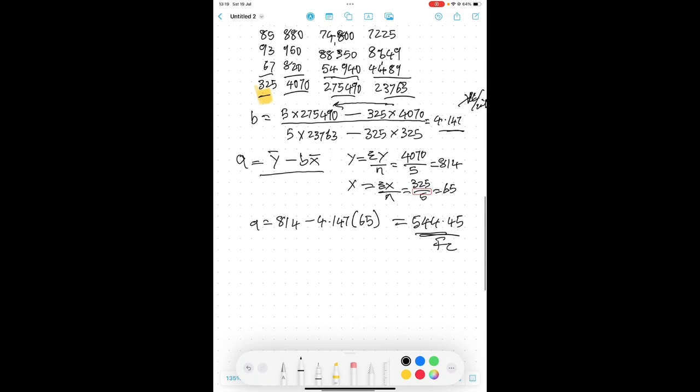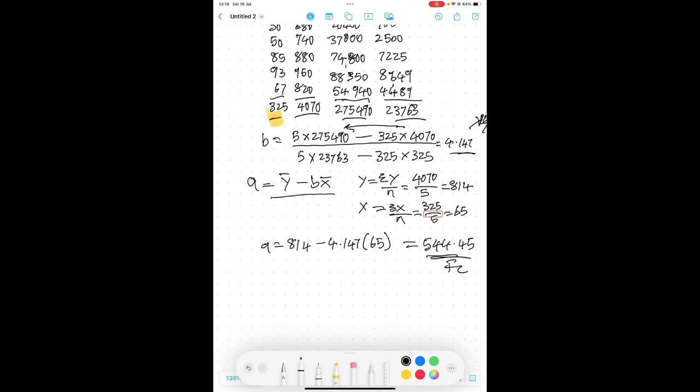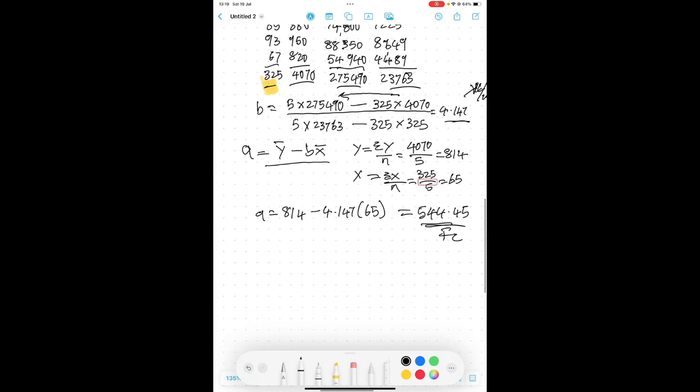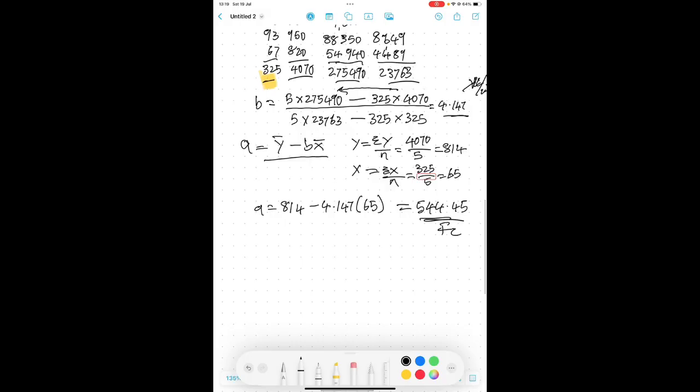So what it means is that if I ask you again, for instance, the examiner can say next year the number of units produced will no longer be 65.